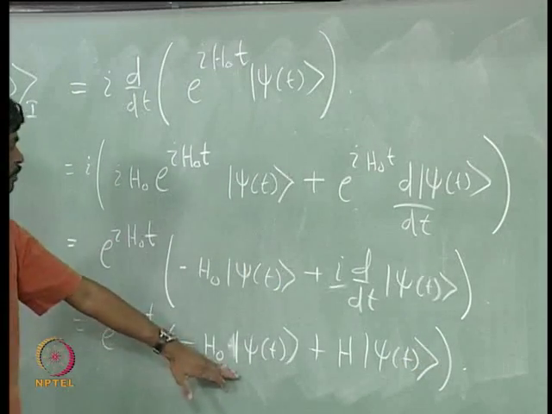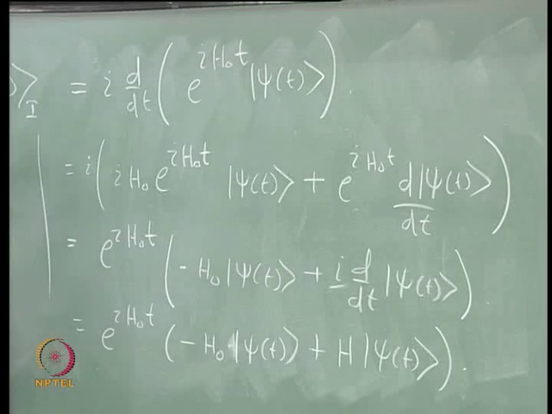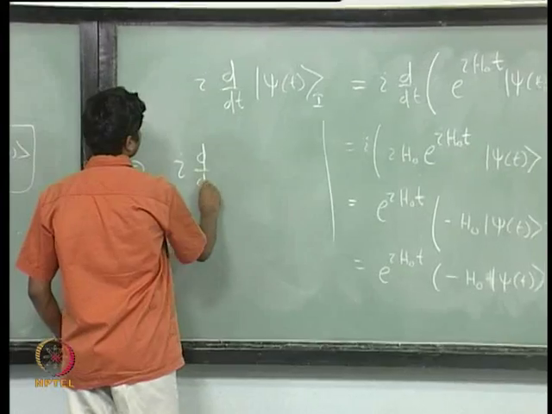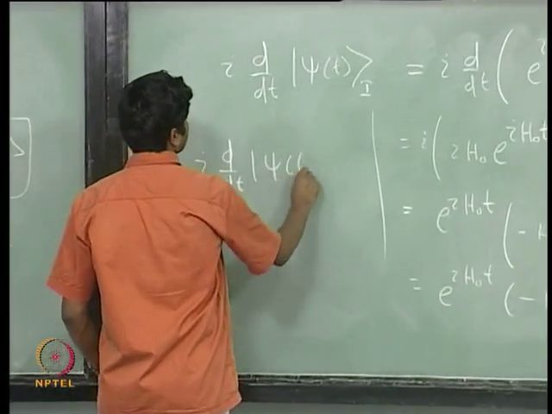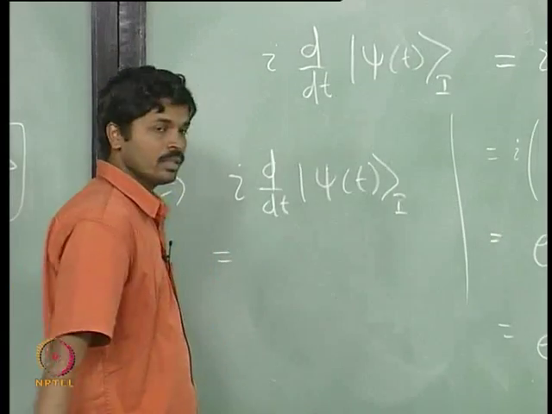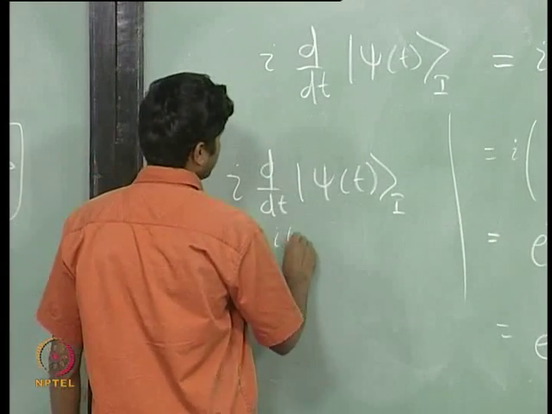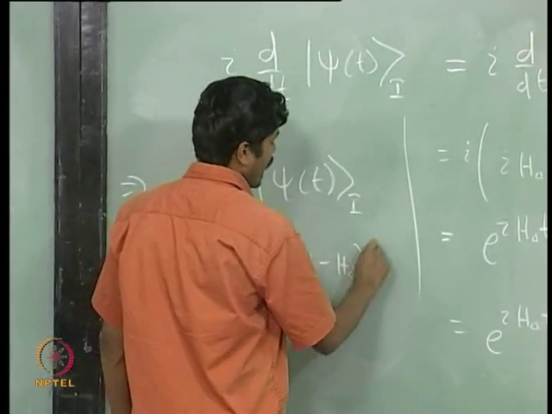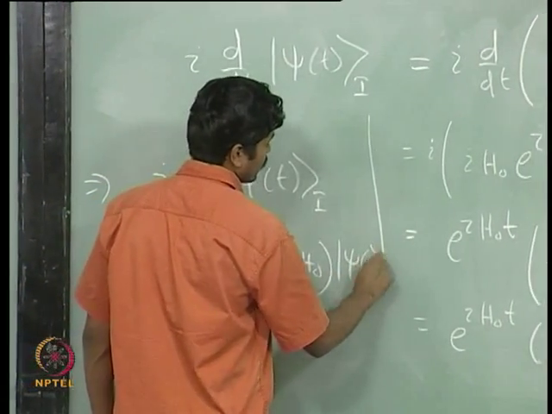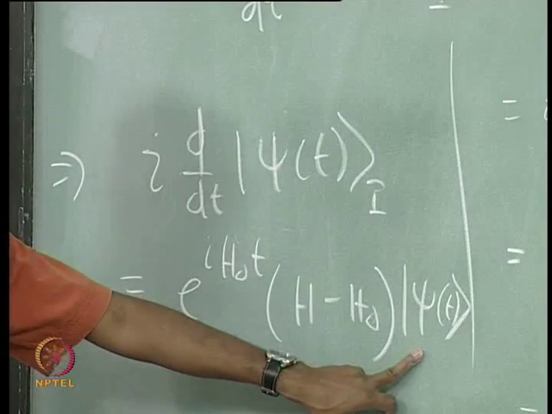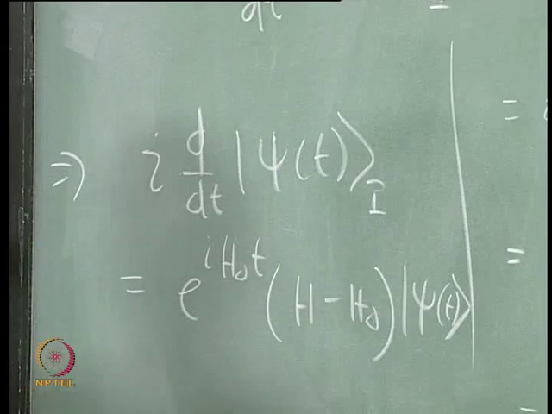So, this implies i d over dt acting on psi t in the interaction picture is e to the power i H0 t times H minus H0 acting on psi t. But H minus H0 is H prime.